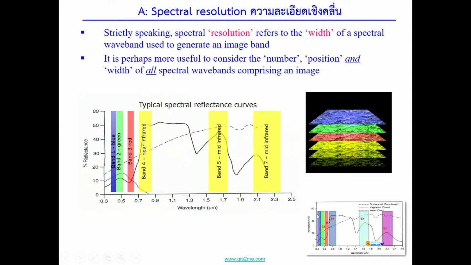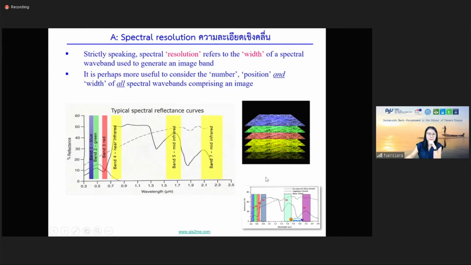The main actor, the highlight, is band 4 to detect vegetation. Another one, like band 7, is not so good for vegetation. It's so good for band 4.